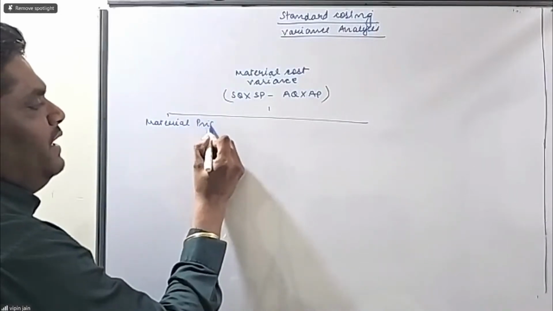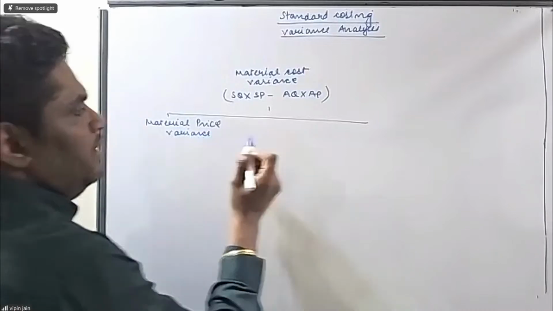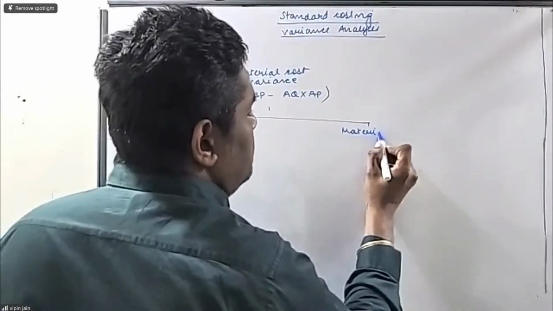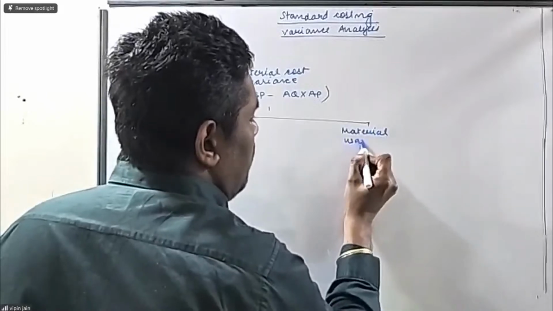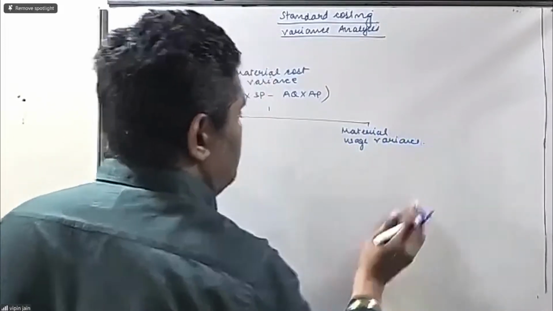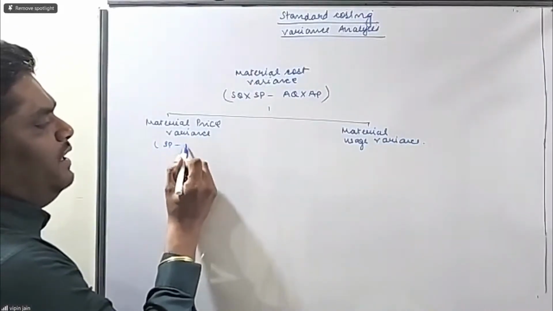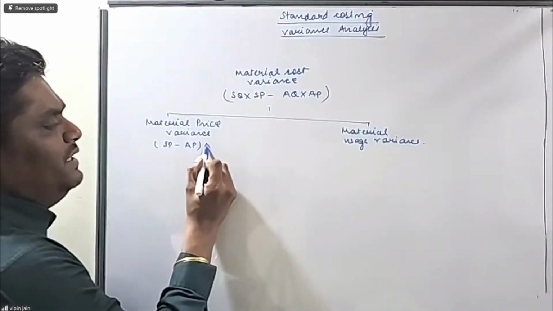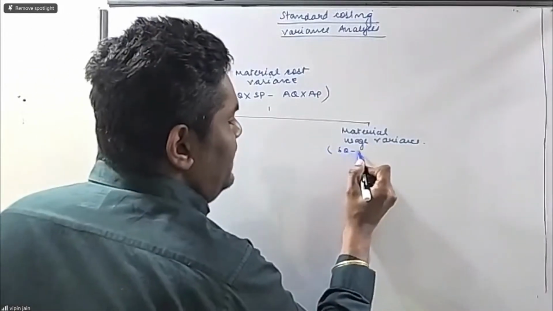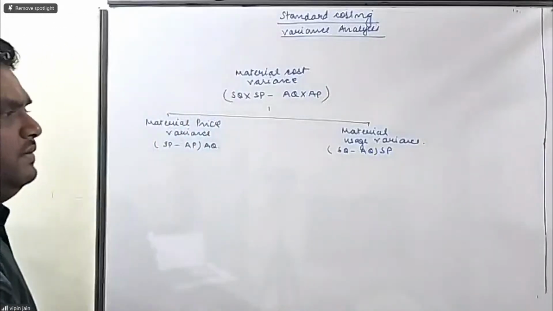First one is material price variance. Second is material usage variance. When talking about price variance, it is standard price minus actual price into actual quantity. And when talking about usage, it is standard quantity minus actual quantity into standard price.